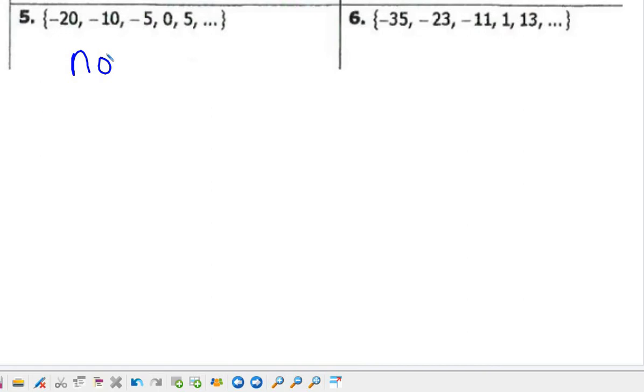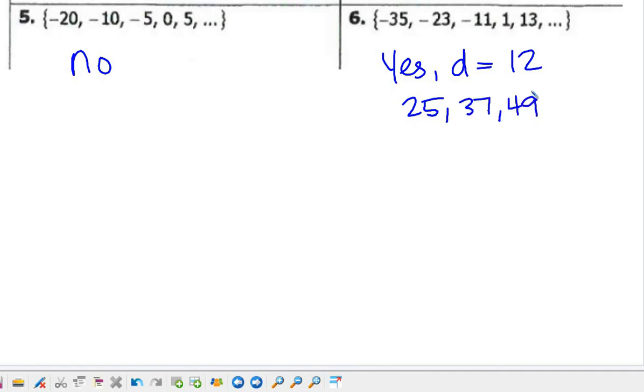Number 6, what do you think? It is, and the common difference is a positive 12. So my next three terms, plus 12, plus 12, plus 12.